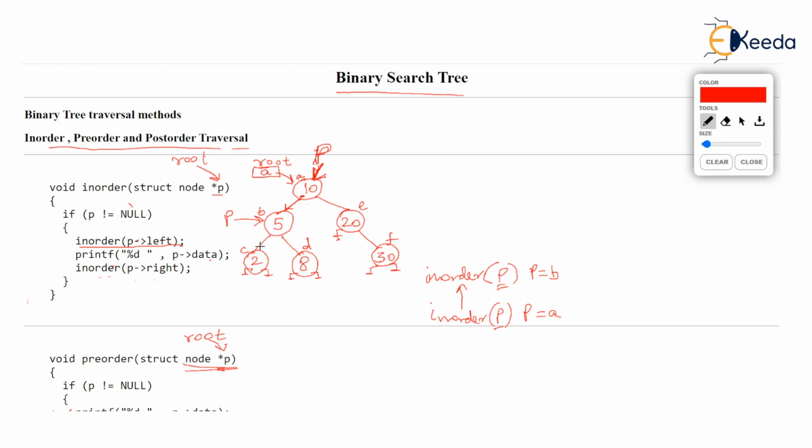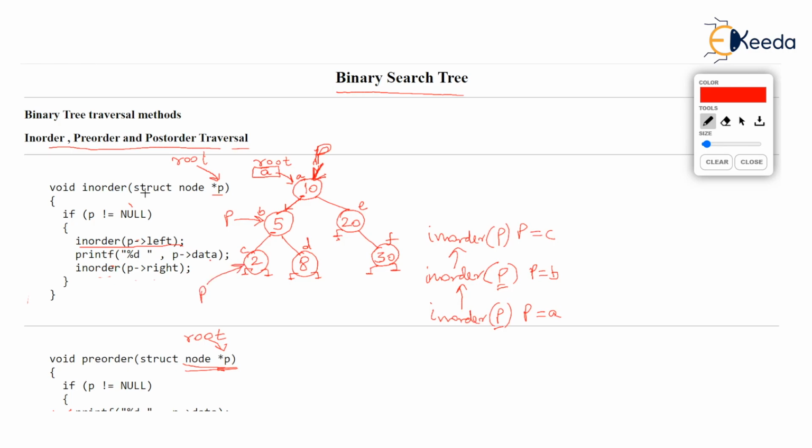And that left is indeed the address of 2, that is C. So we are passing literally the address of the left child, and in-order is invoked again. In-order is called with parameter P, but P is equal to C now. P is literally pointing to C.